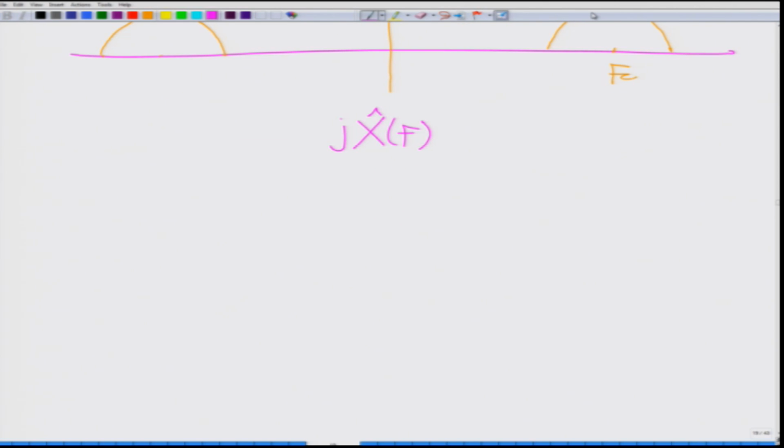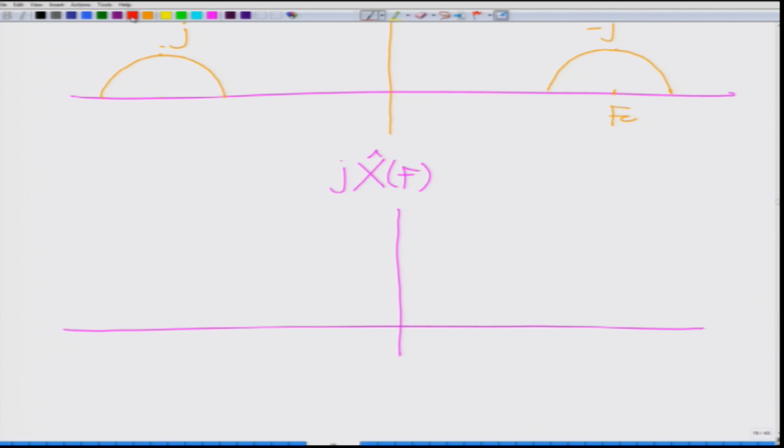That is going to multiply the spectrum of X hat of f by j, which means the positive side band, which is already multiplied by minus j, will be multiplied by j.